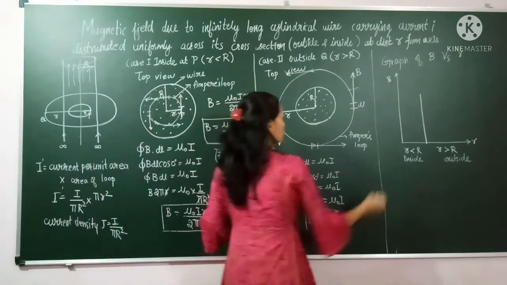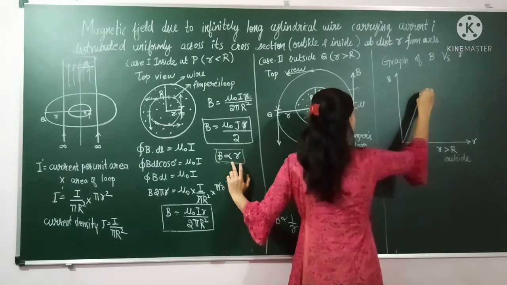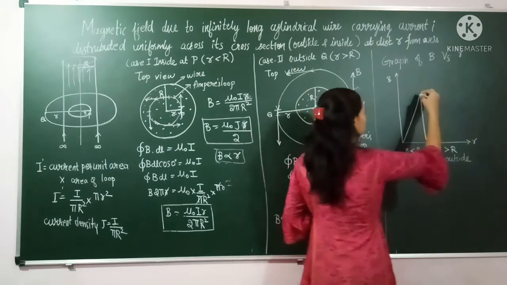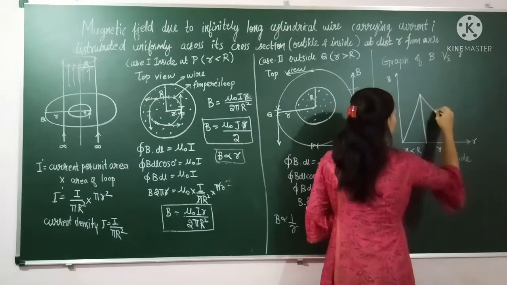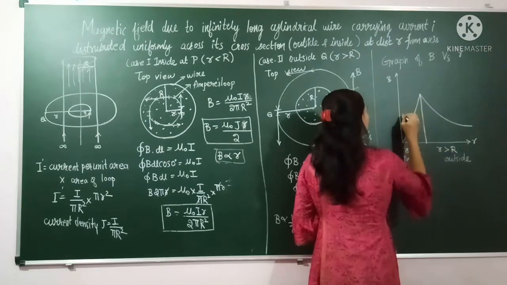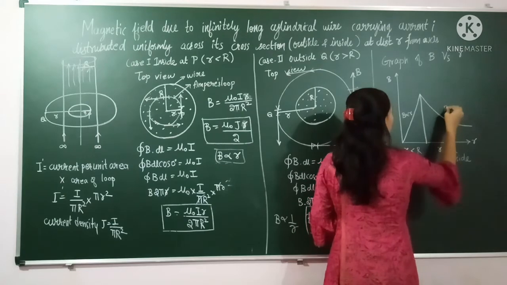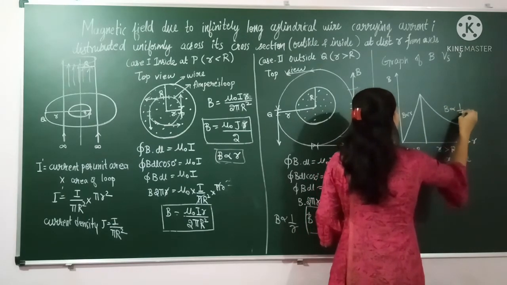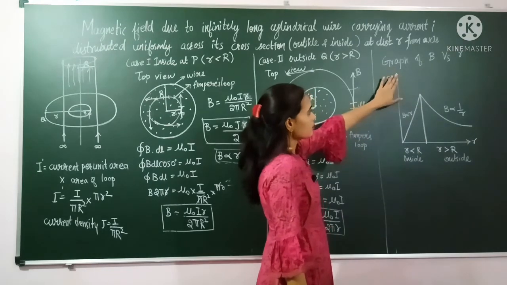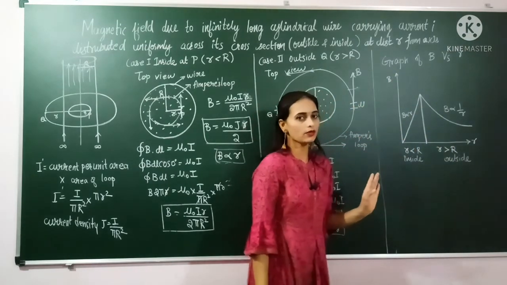If B is directly proportional to r, this B value will increase here, and after that outside the cylinder our graph shows decreasing. So this graph shows that B is directly proportional to r inside, and this slope shows that B is inversely proportional to r outside. So this is the graph of magnetic field versus r inside and outside the cylindrical wire.